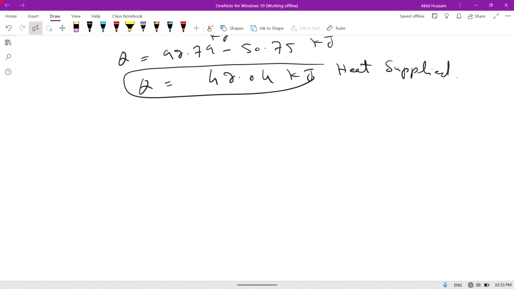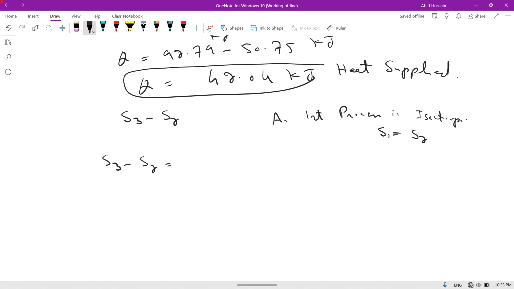Now the last requirement is to find S3 minus S2. So as first process is isentropic. Isentropic means that S1 is equal to S2. So we can write here S1 instead of S2. So S3 minus S2 is equal to S3 minus S1.